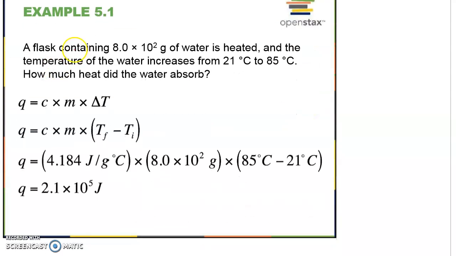Let's look at another example over here. A flask containing 800 grams of water is heated, and the temperature of water increases from 21 degrees Celsius to 85 degrees Celsius. How much heat is needed? When we look for the heat, my favorite way of saying it is heat will be equal to mc delta T. I just have to plug in what is m.